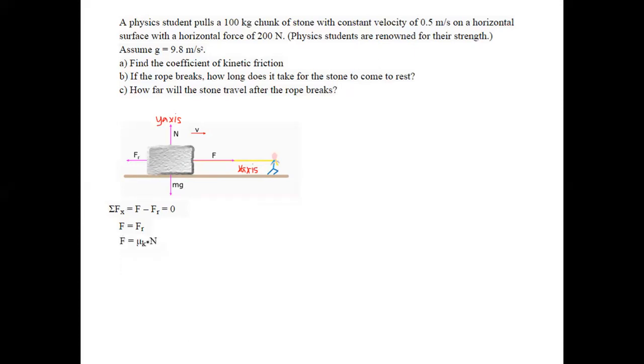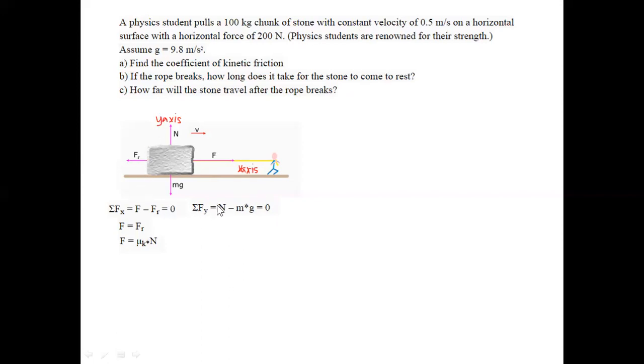And then remember that for friction, since we are dealing with constant velocity, we're going to use mu k, the coefficient of kinetic friction. So the force is equal to our frictional force, which is also equal to the coefficient of kinetic friction times the normal force N. Then let's consider the summation of forces with respect to the y-axis.